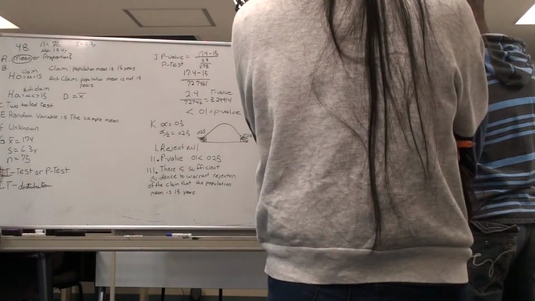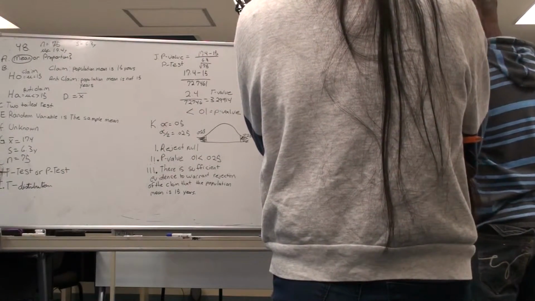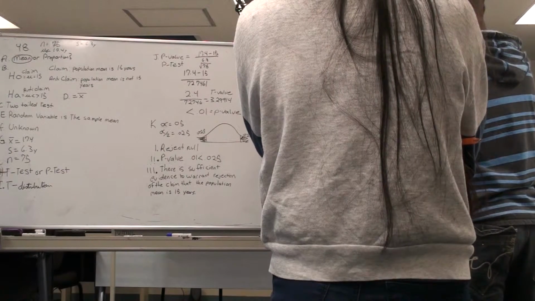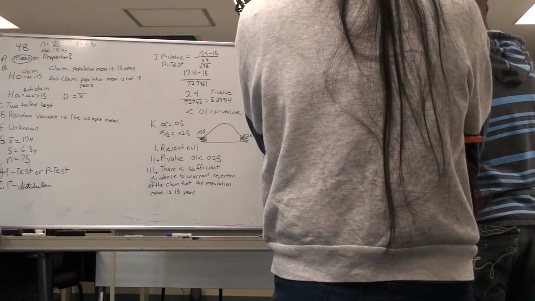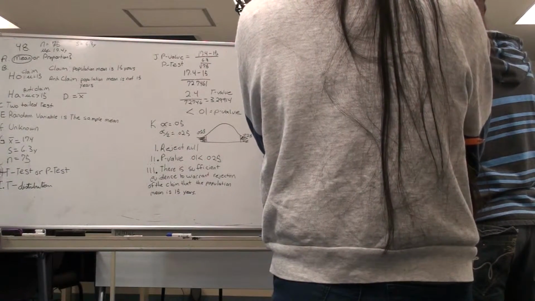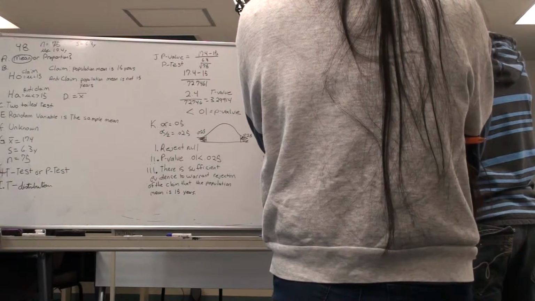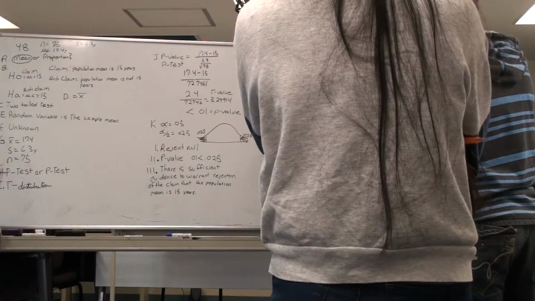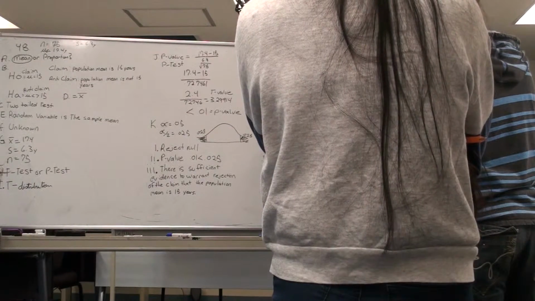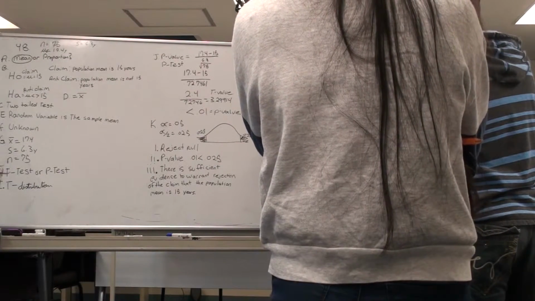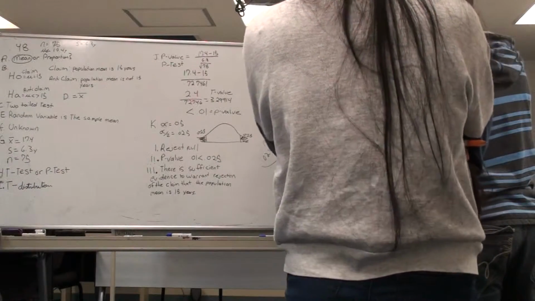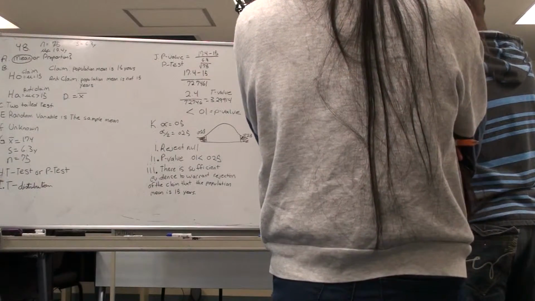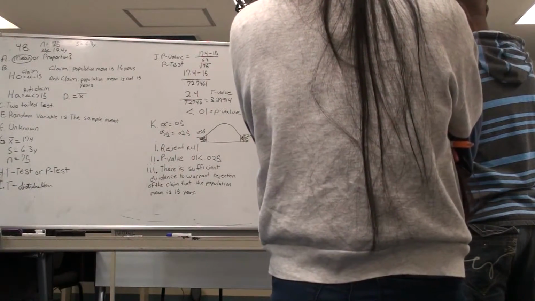Alpha over 2. But this t value here is 1.99. Now you take a test sample, and here is your test, t test equals 3.29, right?